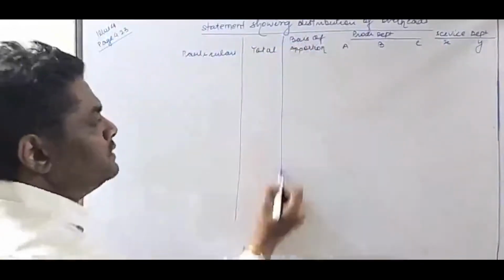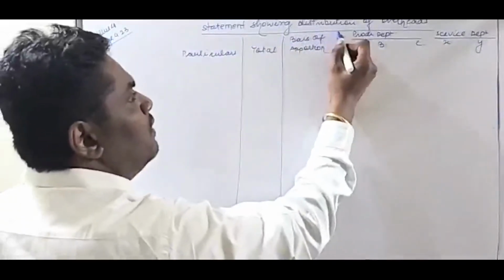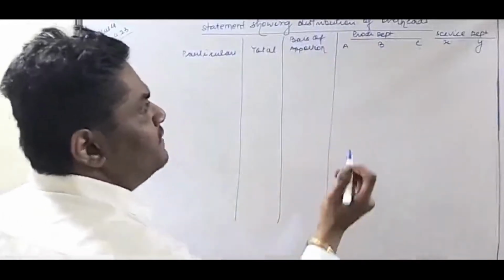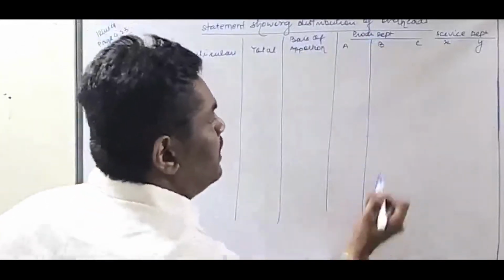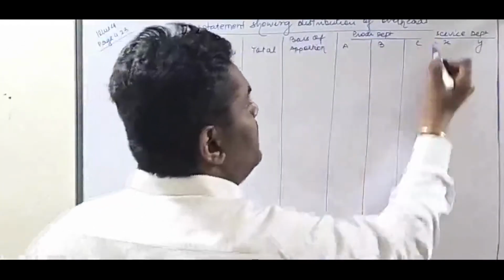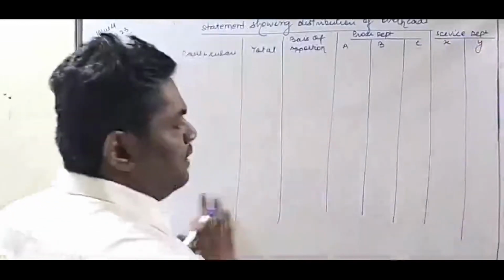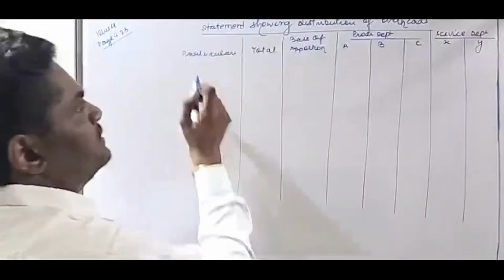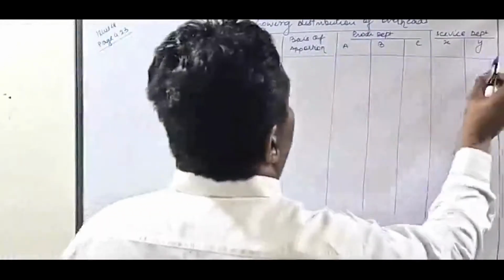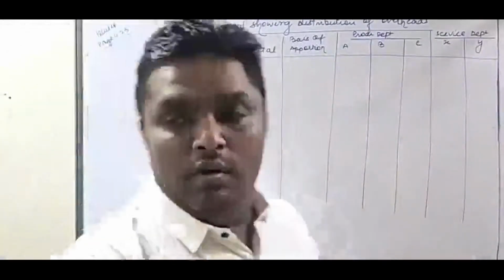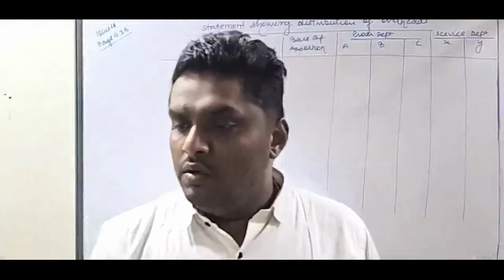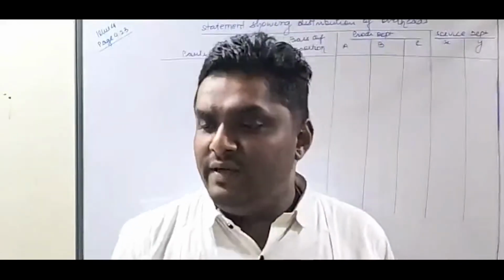So particulars, total, basis of apportionment, A, B, C. So direct material, direct wages are given.